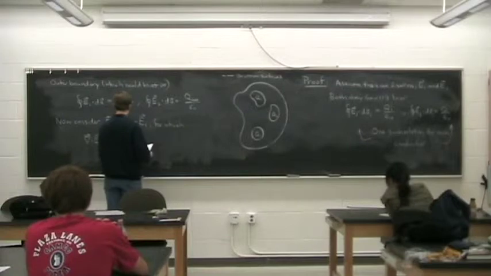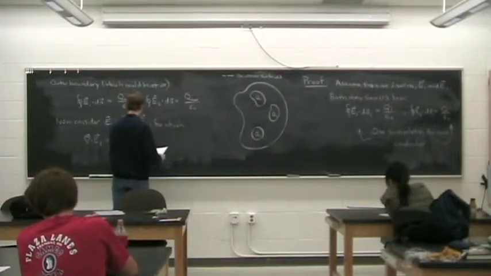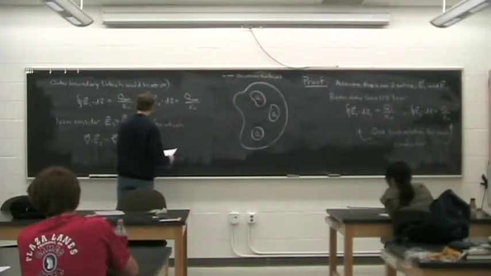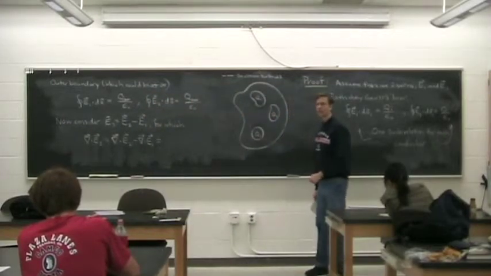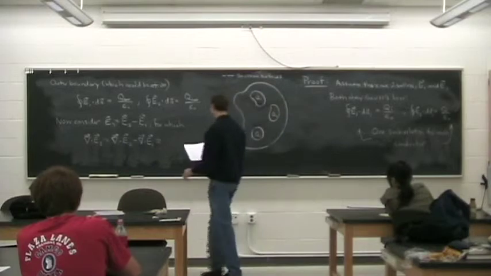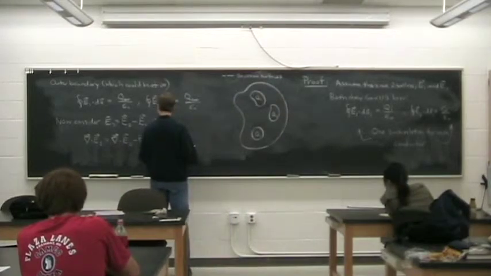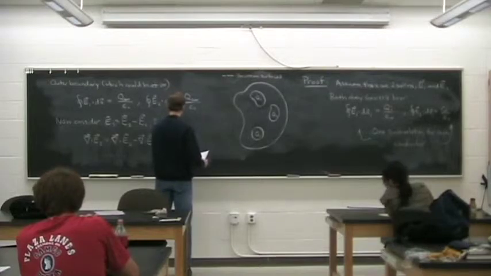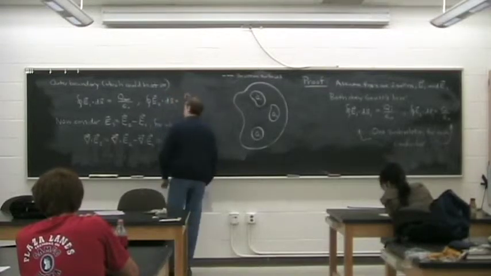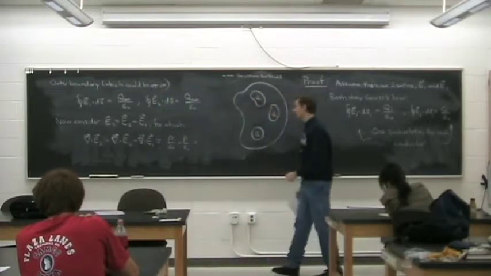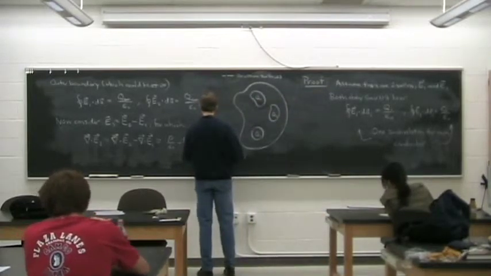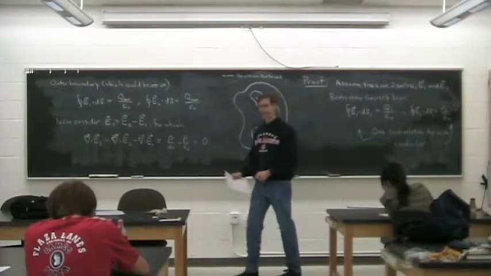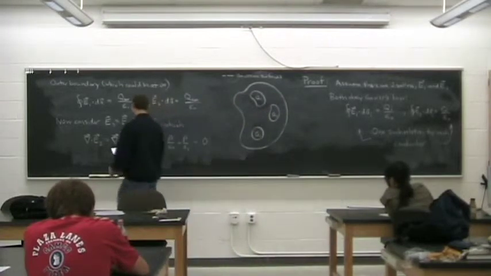So that's the divergence of E2 minus the divergence of E1, but both E1 and E2 also have to satisfy the differential form of Gauss's law, which of course says that each of their divergences is rho over epsilon naught. So therefore, div E2 minus div E1 is rho over epsilon naught minus rho over epsilon naught, which is equal to 0 everywhere for the divergence of E3.